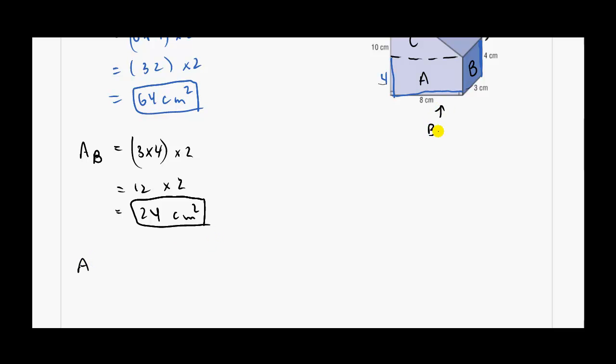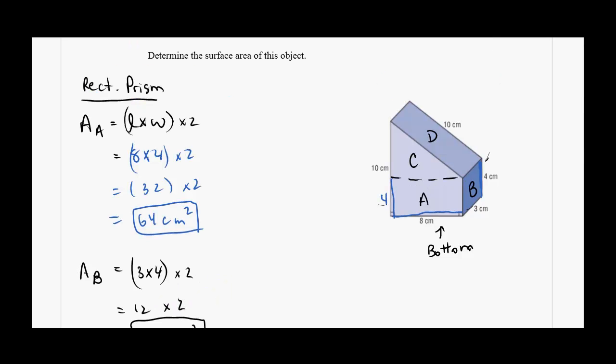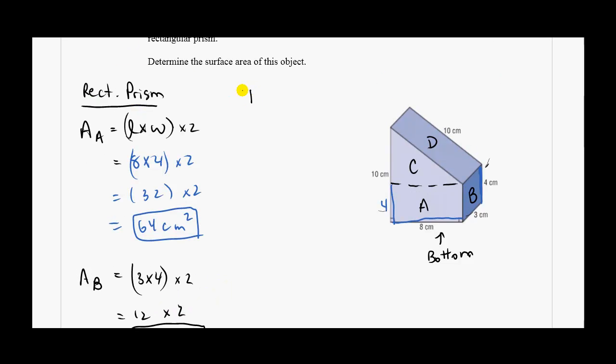The bottom, I'll label the composite object with the bottom. So area of the bottom is an 8 by 3 and 24 centimeters squared. Let's now focus on the triangular prism.